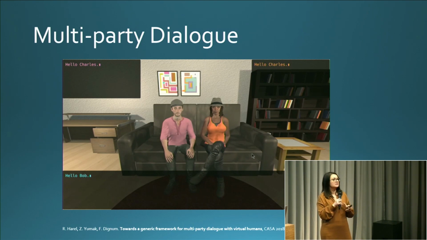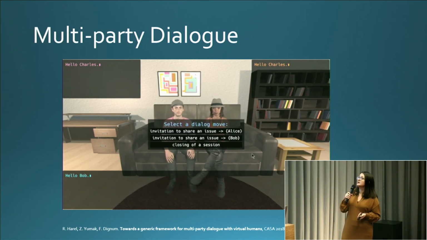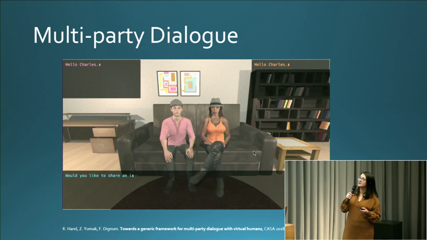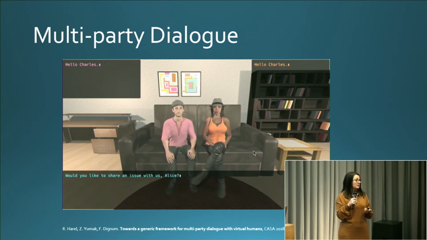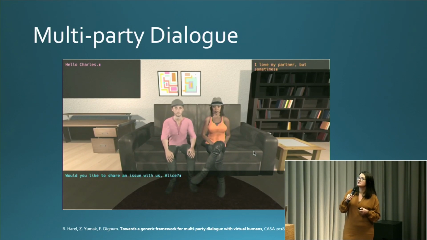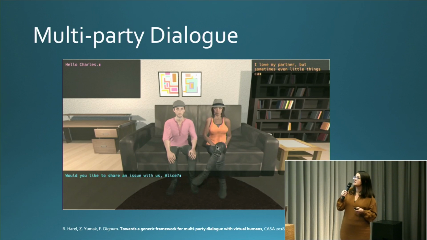So these kinds of constructions you can create, and we created a multi-party dialogue engine to have these characters interacting with each other. That was a therapy scenario where it's a couple therapy. There are 2 people, and the user is like a therapist talking to these characters to manage this 3-party conversation, as an example.